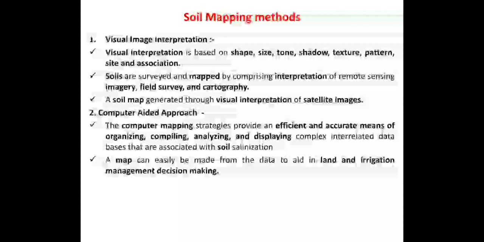These are the major and basic elements required for visual image interpretation, to classify or identify the soils according to their characteristics and distribution, which is needed for the choice of crops or cropping systems to be followed in a specific area.